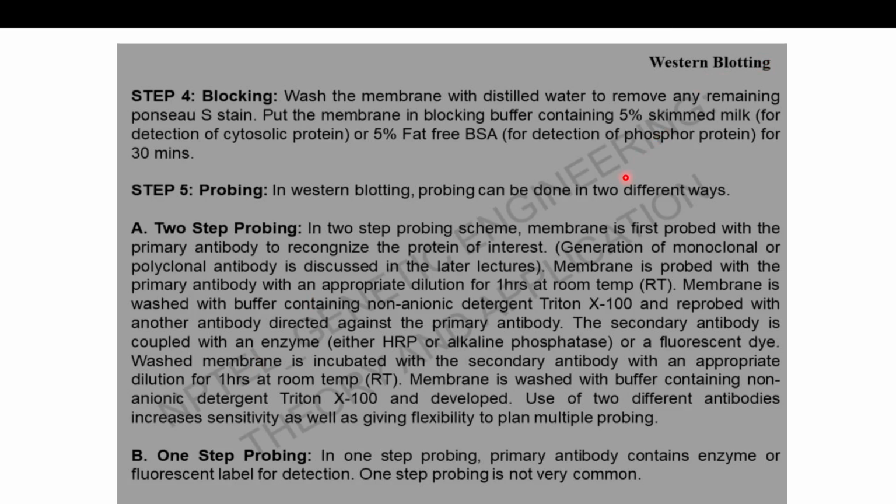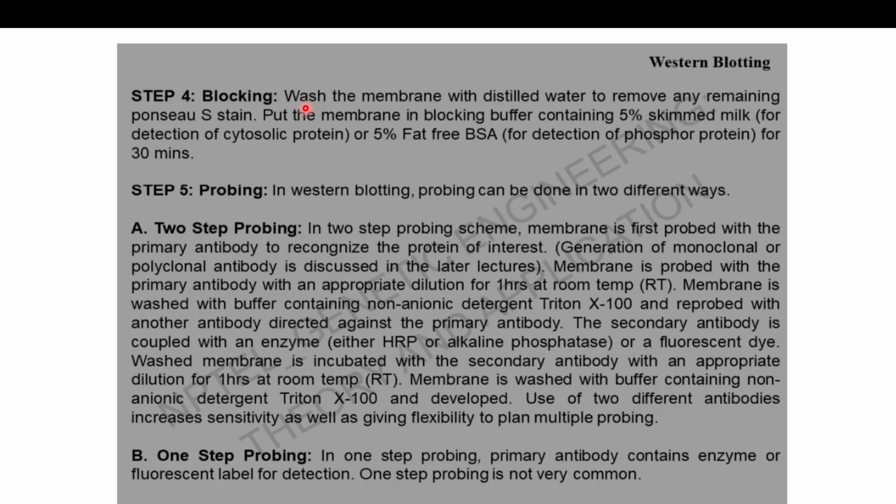After your protein transfer has taken place, you block the membrane. This is usually done with either skimmed milk solution or BSA in Tris buffered solution, where you cover the membrane to prevent any non-specific binding.